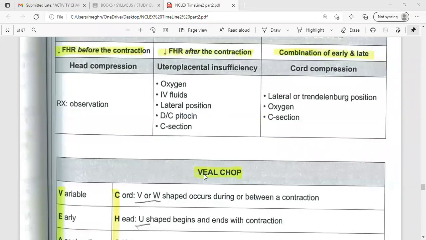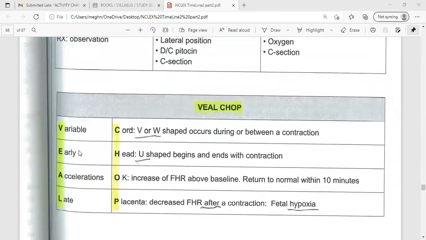So, an easy way to remember: variable, early, accelerate, and late. Here you can write VEAL CHOP. V for variable, E for early, A for accelerate, and L for late deceleration.